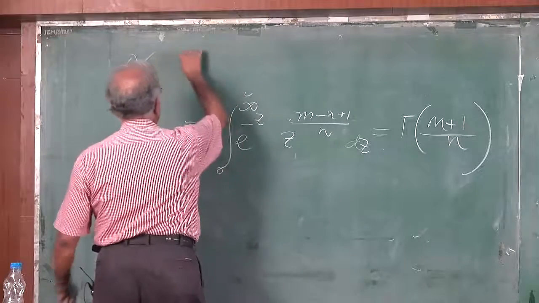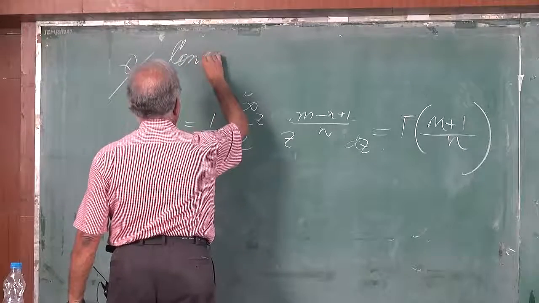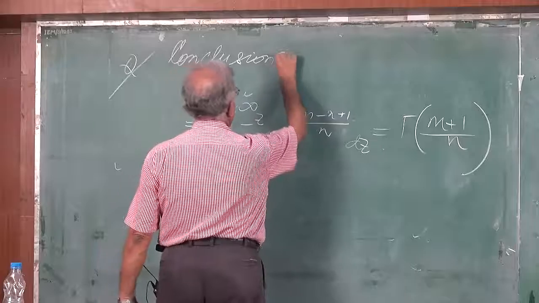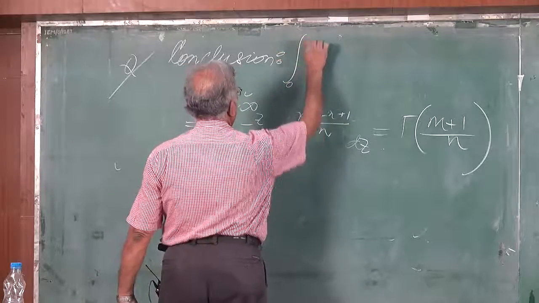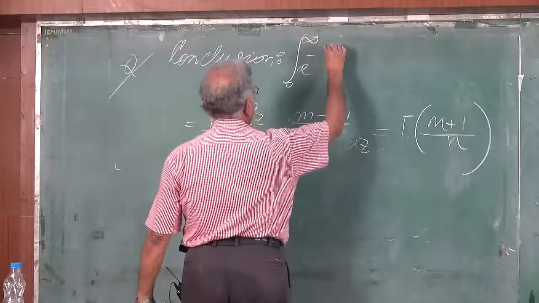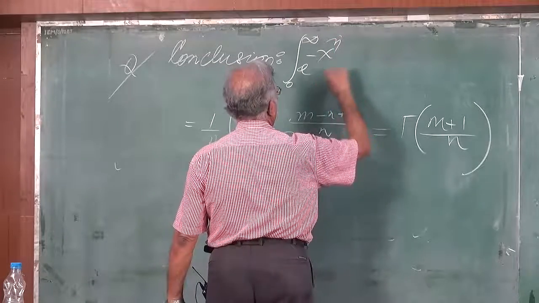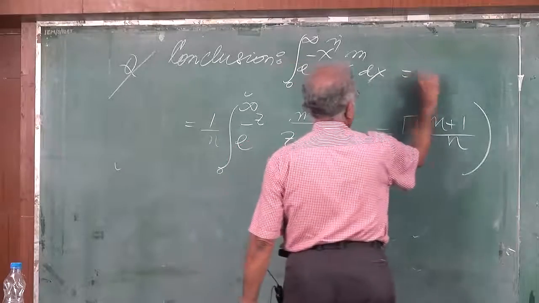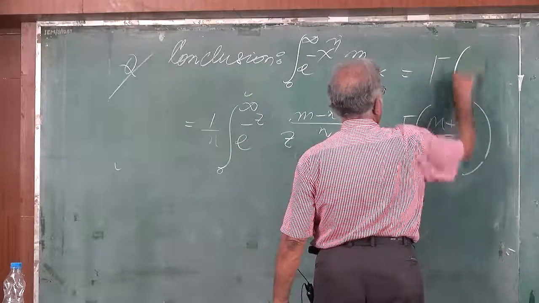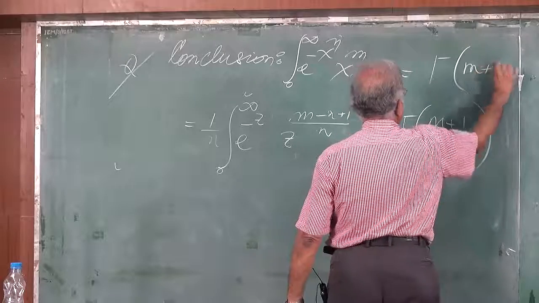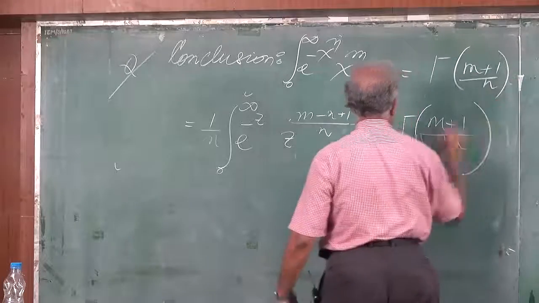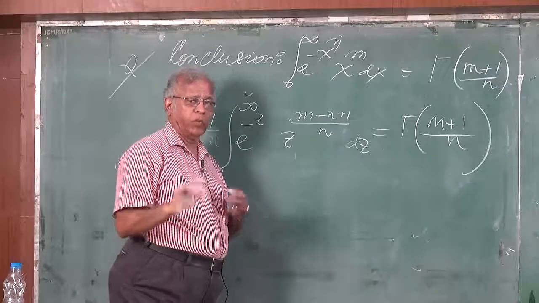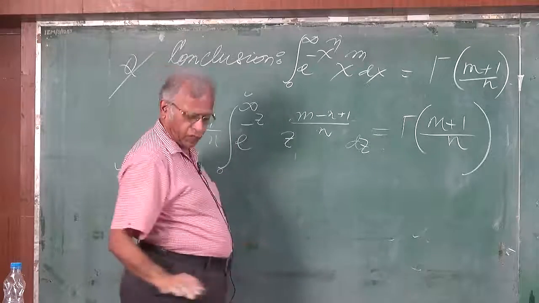The conclusion is integral 0 to infinity e to the power of minus x to the power of n, x to the power of m dx is nothing but gamma m plus 1 by n. Now on left hand side, let us put n as 1 and m as minus half.